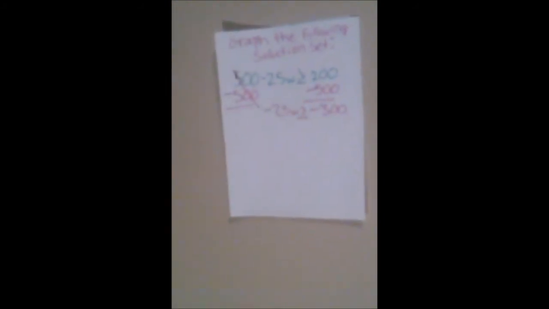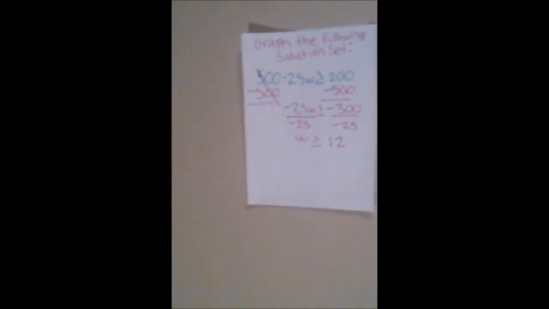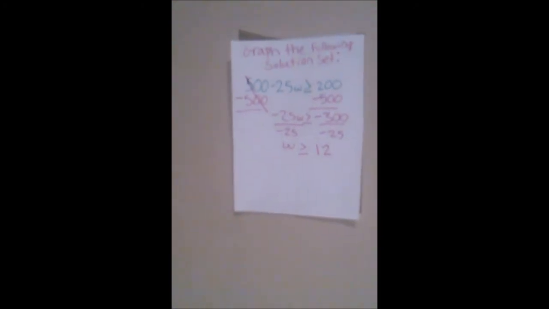Our next step is to divide by negative 25 on both sides because you're trying to isolate the w by itself. So divide by negative 25. And negative 300 divided by negative 25 gets you 12. So w is greater than or equal to 12.